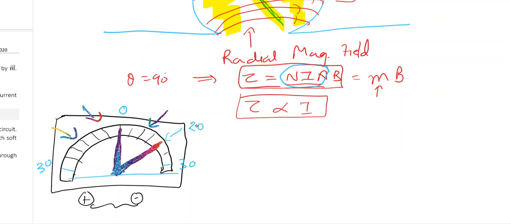So who got it there? Current. But when you switch off the current, who will get this needle back? So you need some torque which can get it back. This is called deflecting torque. It is responsible for showing you the reading. But then who will get the marker or needle back? So you need some restoring torque.